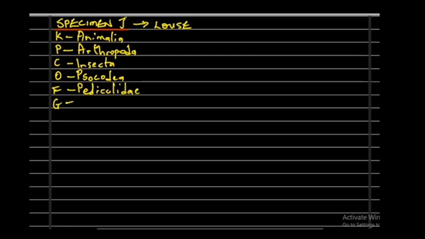Genus, we refer to it as Pediculus. And then for the species, we have different examples. Let me just list a few. We have different types of louse. The one that is found on the body, we call it body louse. That one is called Pediculus humanus humanus.